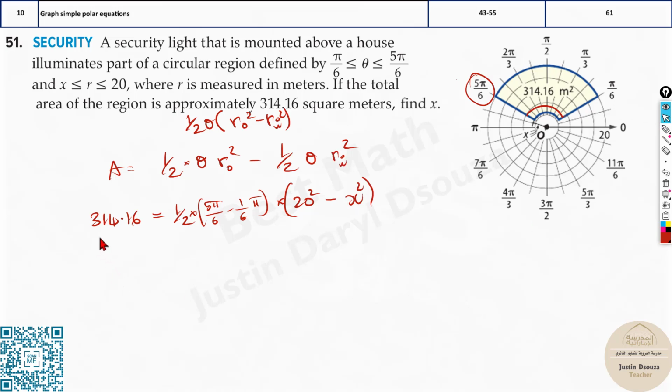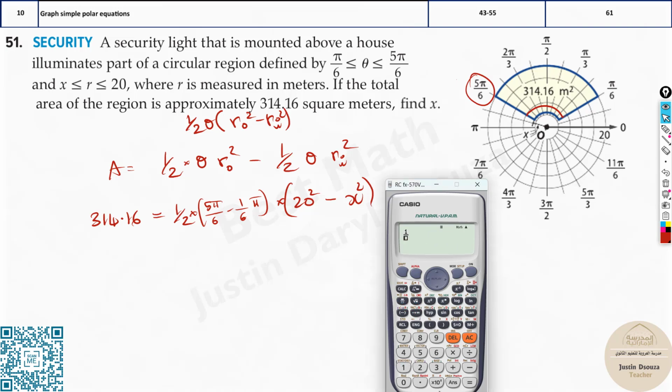Since your calculator can solve this as an equation, we will directly put it in the calculator, and it is an electronic exam. You do not need to do any steps here. So we need to type it out. Half times, here you can write it directly as 4 pi by 6, but I'm just going to write whatever it is over here, the substitution.